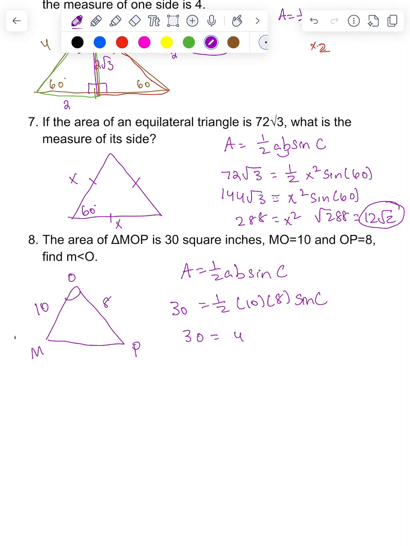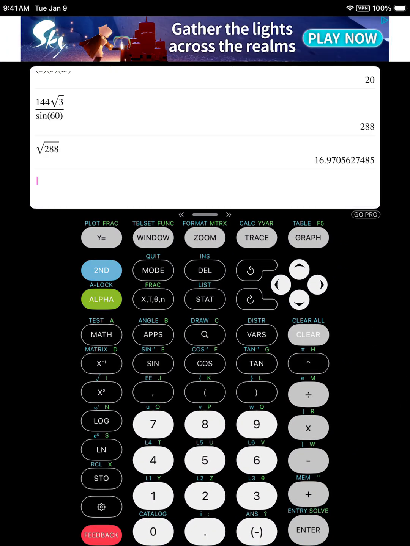Half of that is 40. So if I divide by 40 on both sides, I get 3/4 equals sine of C. So then we can do inverse sine of 3/4 equals angle C. And we can round to the nearest tenth, approximately 48.6.